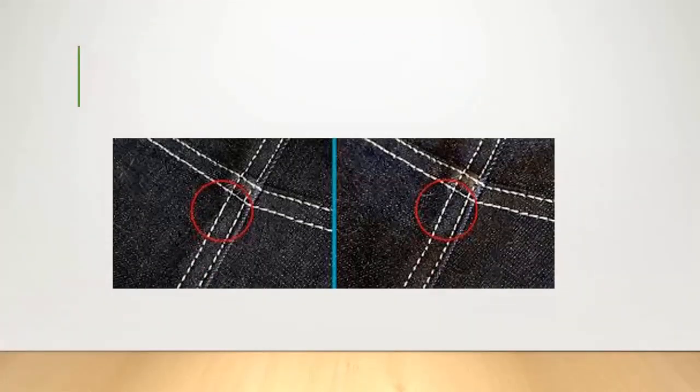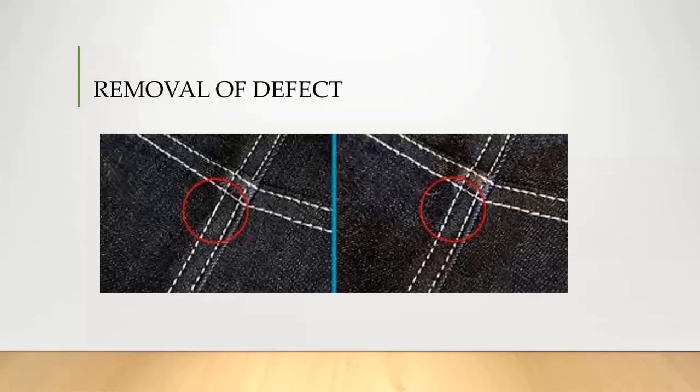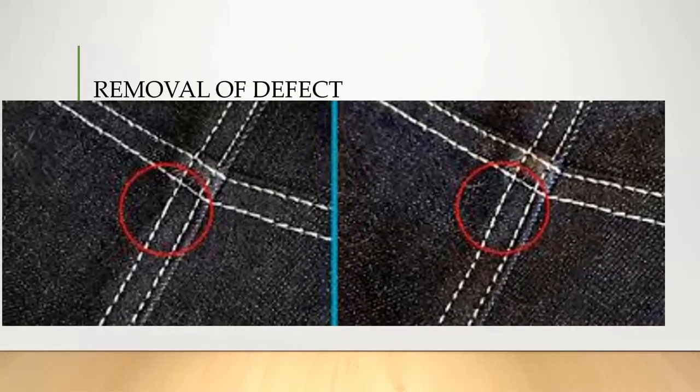Now you can see here in this picture good examples of the removal of the defect. Students, you can see this picture. I am talking about the seam. You can see that in one of the seams, the uniformity of the seam is not there, in the round shape.